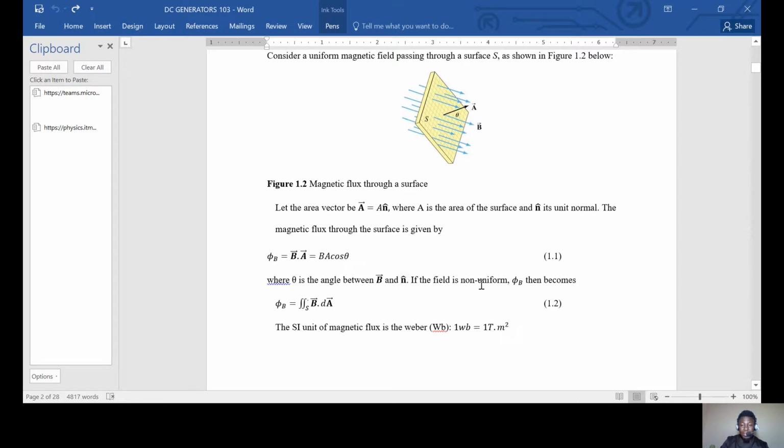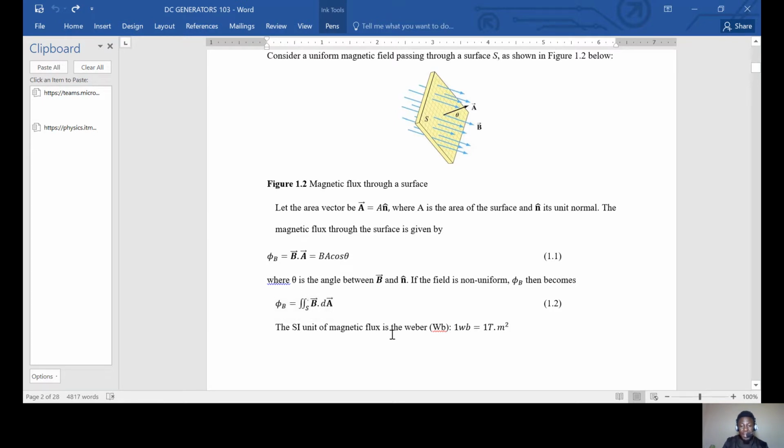If the field is not uniform, that is, if the field varies, then phi_B becomes the surface integral of B dot dA.